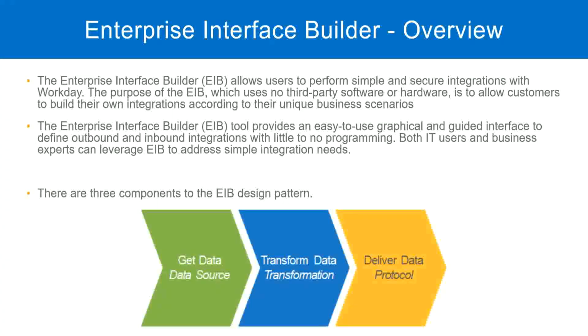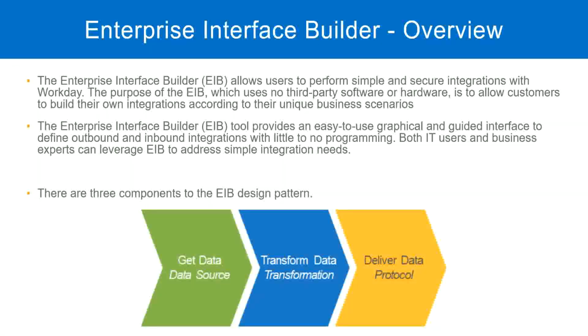Then the second step would be to modify the data, or translate the data, or transform the data into a format expected by the recipient. Isn't it? You have to convert it to a format expected by the recipient. That is transform data. The third step will be to send the data to the recipient, or to deliver the data.